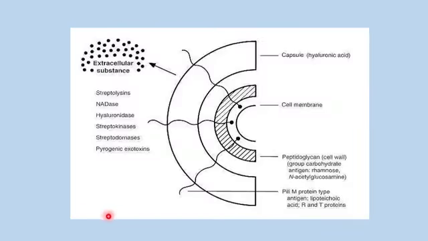This picture shows the structure of Streptococcus pyogenes. This is the cell membrane. These are the pili, which carry the M protein type. This is the M protein, which, as I said, looks like fringes projecting from the surface of the organism.